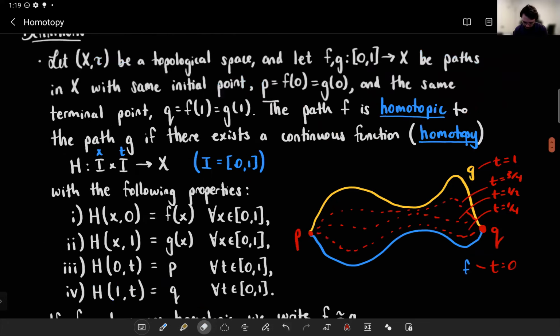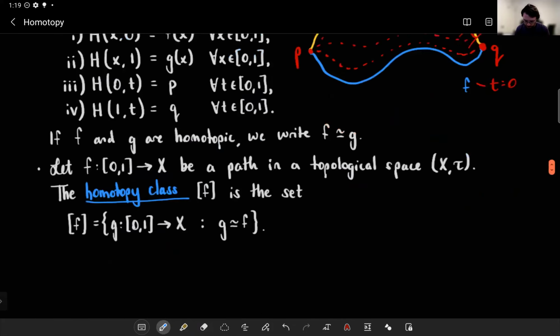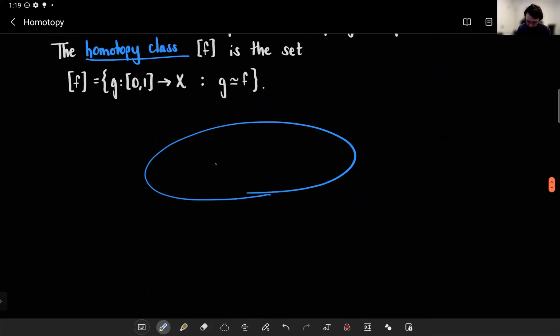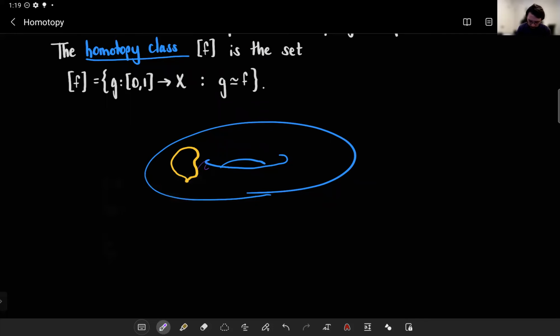And so looking back at this example, let's draw a new example. On a donut, and again, we want to fix the endpoint. And for the time being, let's just talk about loops because they're nicer to draw. I could say this loop and this loop, maybe I even cross over myself somewhere.